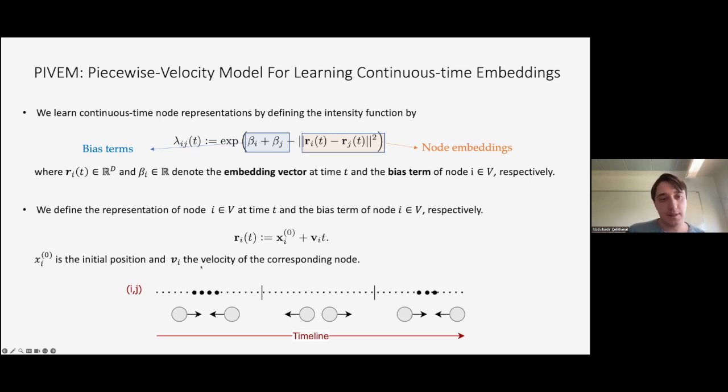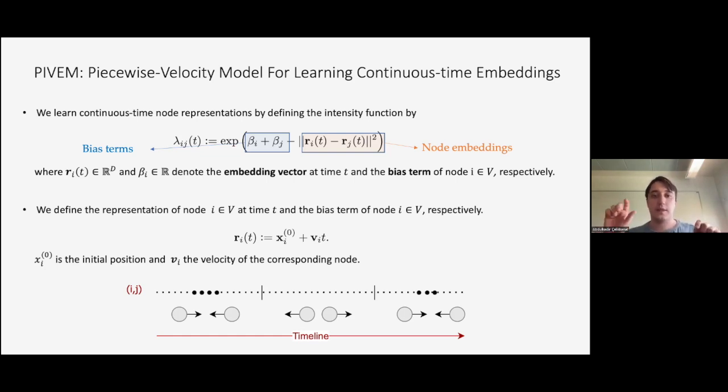For instance, in this figure, nodes i and j first have a high interaction period, so to represent this, they come close to each other in the latent space. Then later they have a no-interaction interval, so they have to be far away from each other.